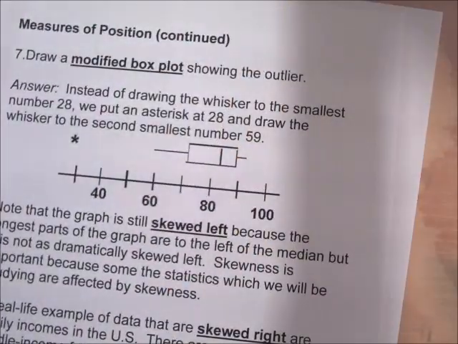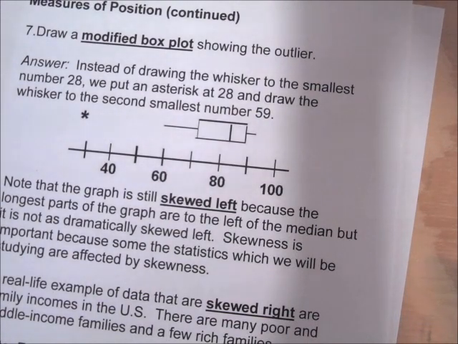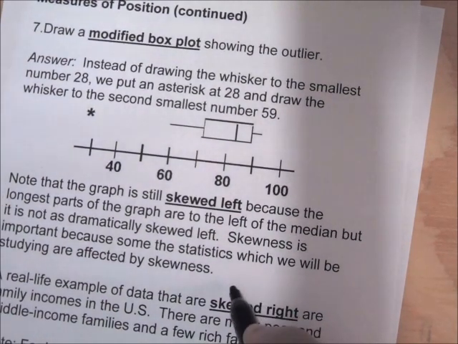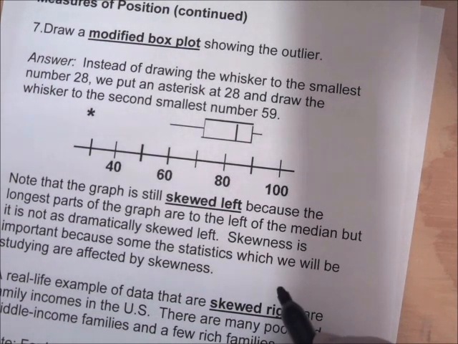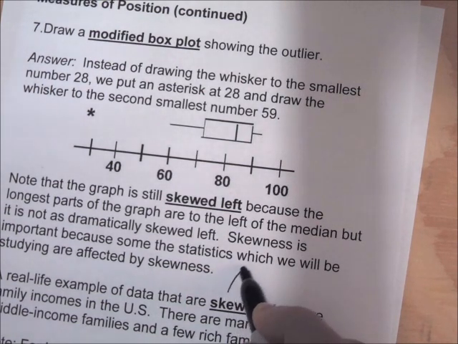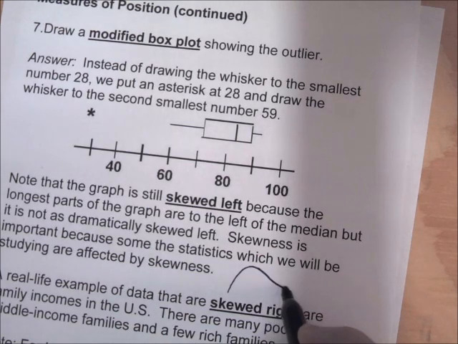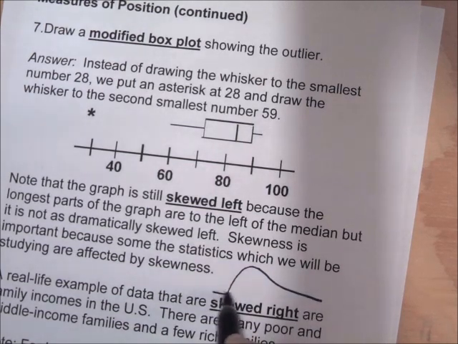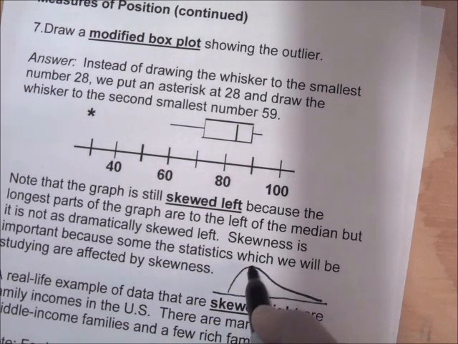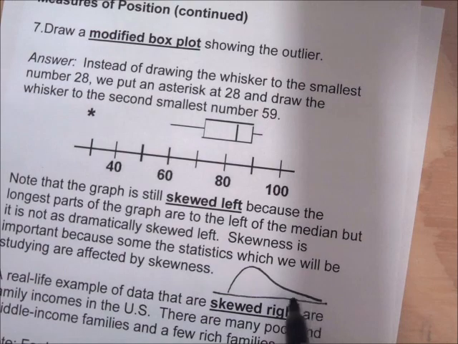Anyway, this is probably not the best graph to show that, so let me just do it like this. So here's a graph that's skewed right. There's a lot of low and middle income people, and then there's a few rich people.